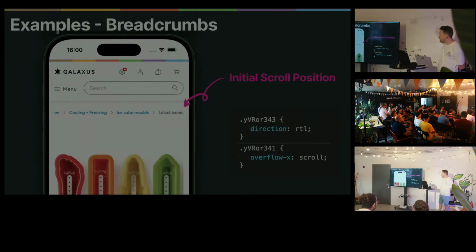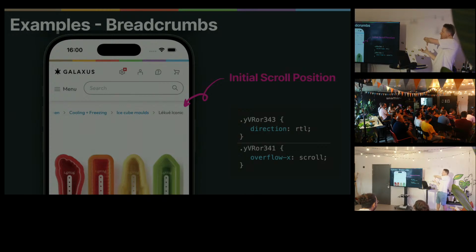Maybe some more crazy hacks is, so one designer asked us to always show the product name in the breadcrumbs, even if we don't have enough space. So as you can see, the product is on the very right. And so we can't show everything, because we did not want to have line breaks. And this is a scrollable container. And so what we do is we just change the parent to right to left, so that the scroll bar starts on the very right.